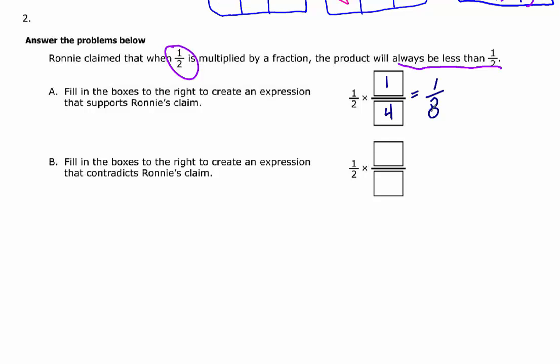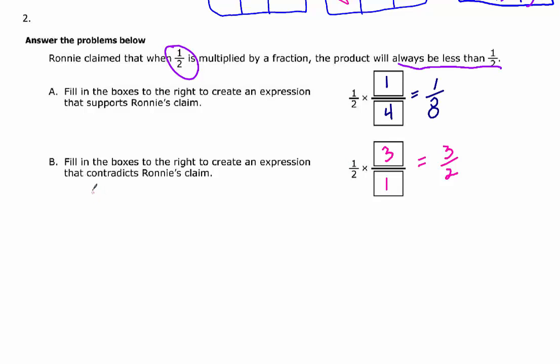If we want more than 1/2 when we're done, we're going to multiply by something bigger than 1. Like 3 groups of 1/2. 3 groups of 1/2 is 3 halves. You know that's bigger. That's a number bigger than 1. A half is a number smaller than 1.